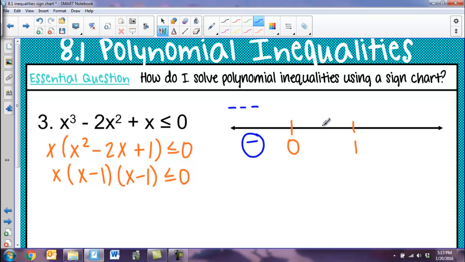Then I pick a number in between 0 and 1, so probably like 1/2. I'd have +1/2, I'd have 1/2 minus 1, so that'd be negative, and then another negative. So that would make this whole answer a positive, because you have negative times negative, and then a positive. And then finally, if I pick a number bigger than 1, so like 2, I have positive, positive, positive. So this is all positive.